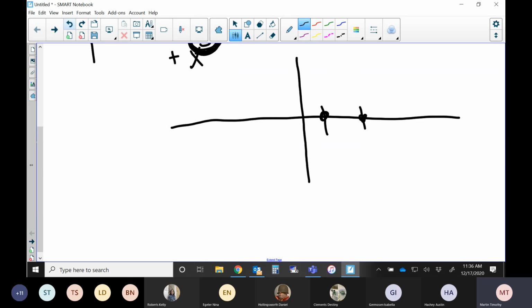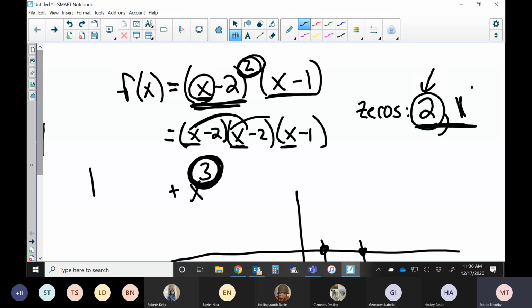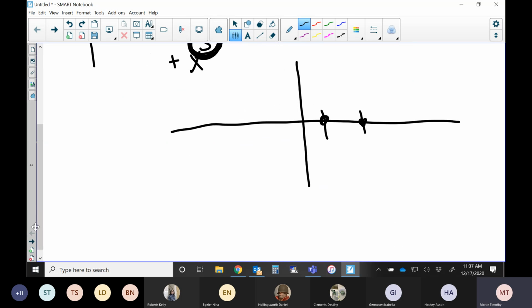Well, that's because of this multiplicity. What happens at this 2 is it actually hits the x-intercept and bounces right back up.